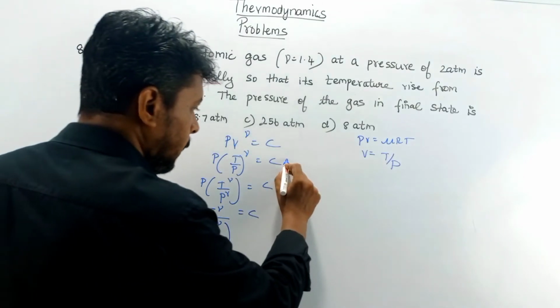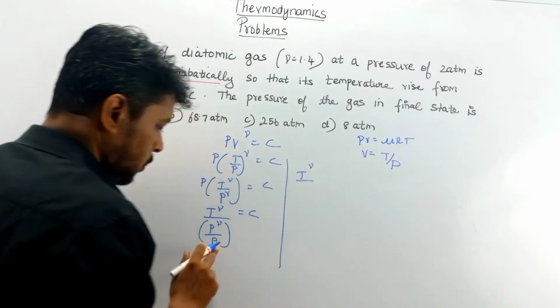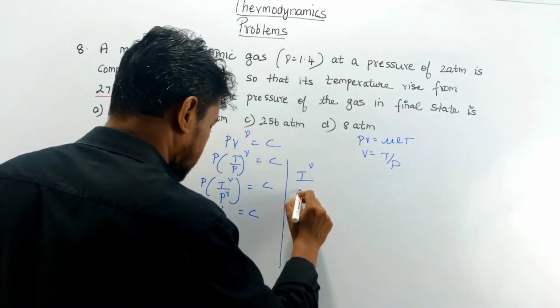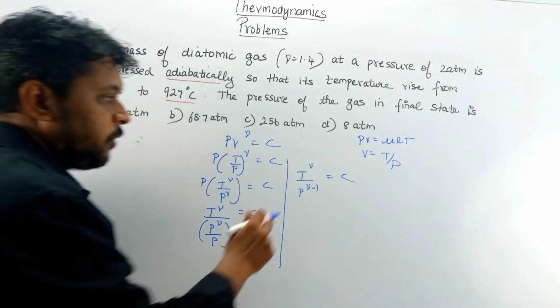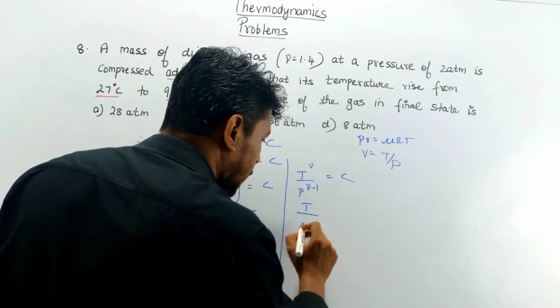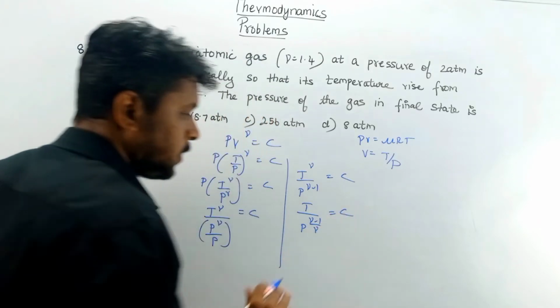So now T to the power gamma by, taking this P to the numerator, it could be written as P to the power gamma minus 1, which is equal to constant. Now take the gamma root, dividing the powers by gamma. So it could be written as T by P to the power of gamma minus 1 by gamma, which is equal to constant.